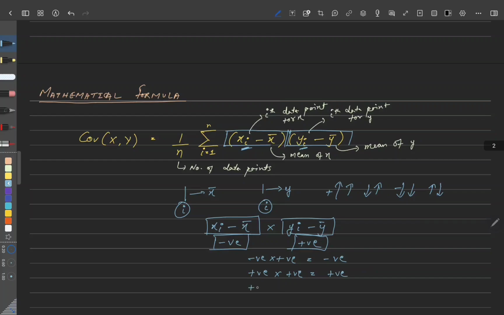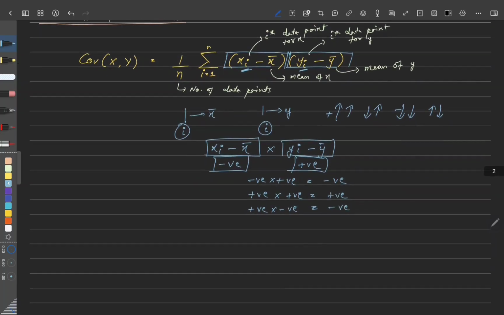If this one is positive and this one is negative, the combined direction is negative. And if both are negative, the combined direction is positive.